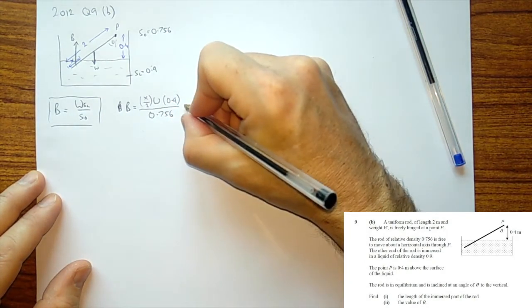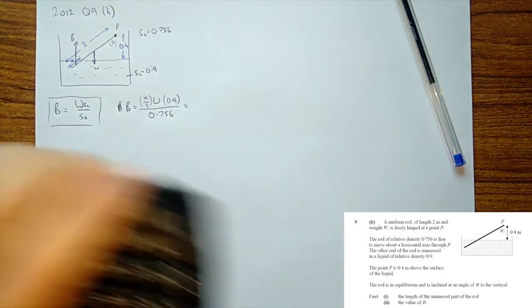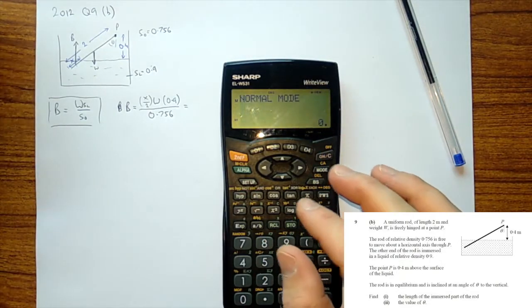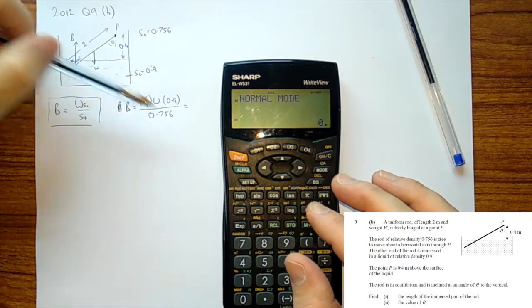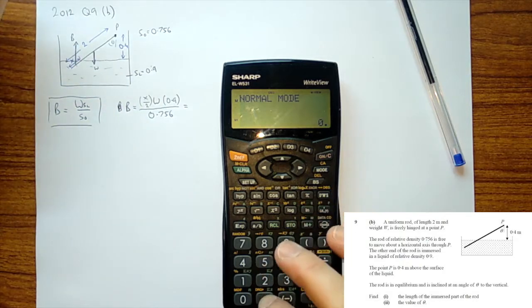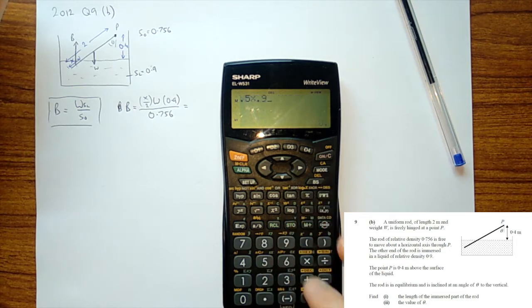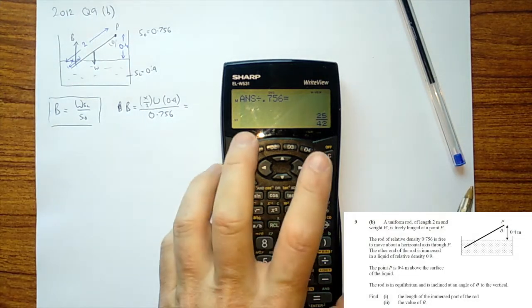Okay, that is ugly and horrible, so we're going to tidy it up. I'm going to sort it out in my calculator. We'll just deal with the numbers for the moment. We have 0.5 by 0.9, 9 over 20, divided by 0.756. I'm going to hope this is a nice little fraction, and it is indeed, 25 over 42.